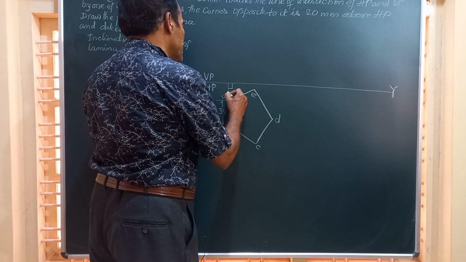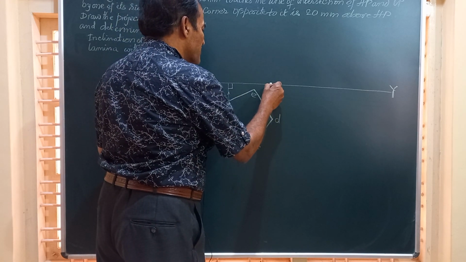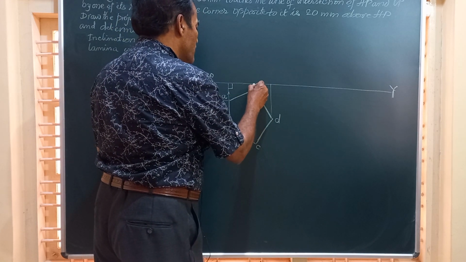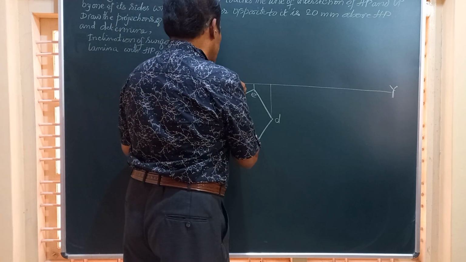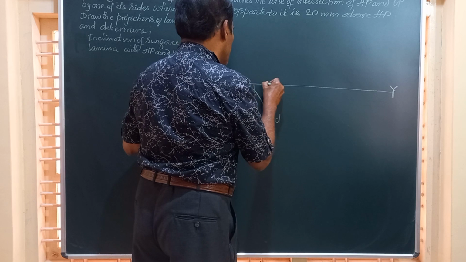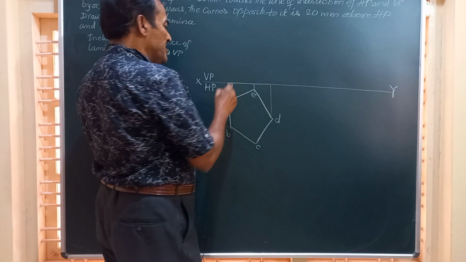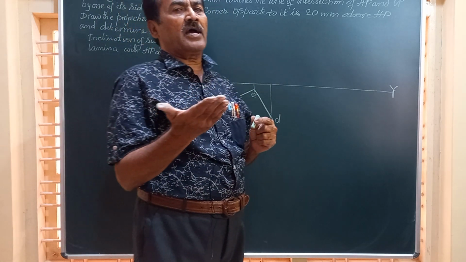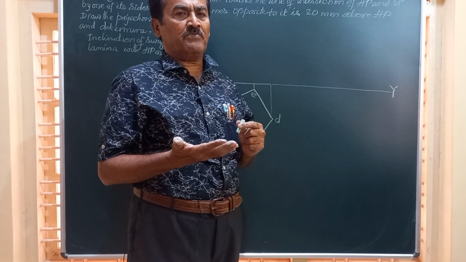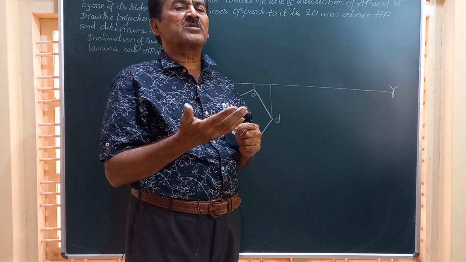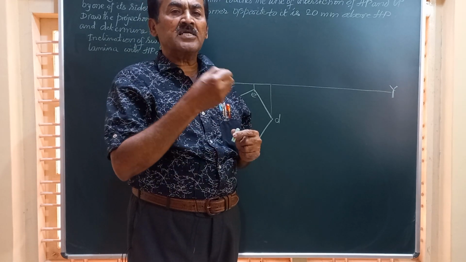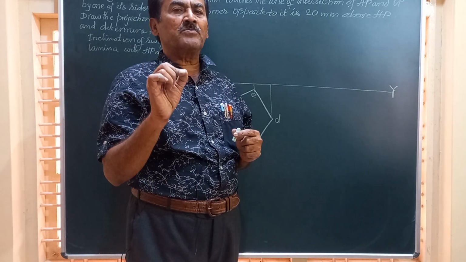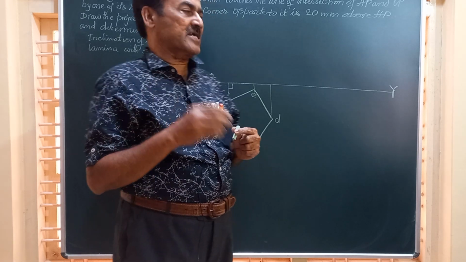And friends, we will project all these to the front view and obtain the front view of the lamina, a line on XY. At this point, I would like to tell you that whenever you have a lamina resting on HP, you will be able to see the true shape of the lamina in the top view, and its front view is going to be a line on XY.